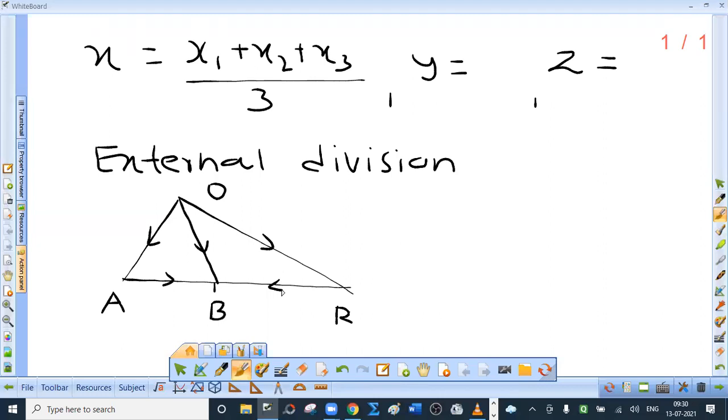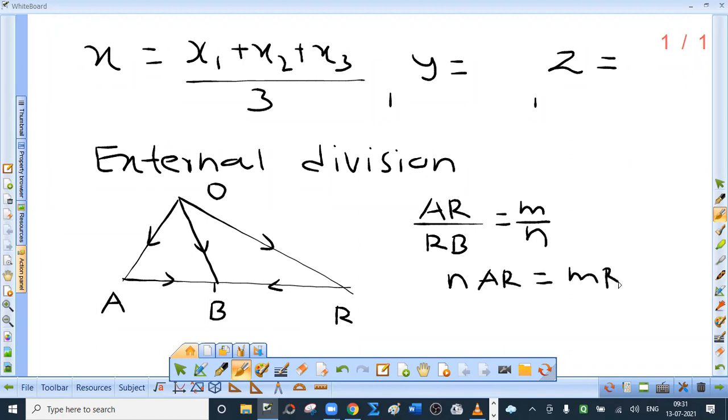Good. Now point R divides the join of points A and B, that is segment AB, externally. But note that the ratio should be taken as AR upon RB, that is m is to n. Now cross multiplication gives n AR equal to m RB. Now the next step is important.